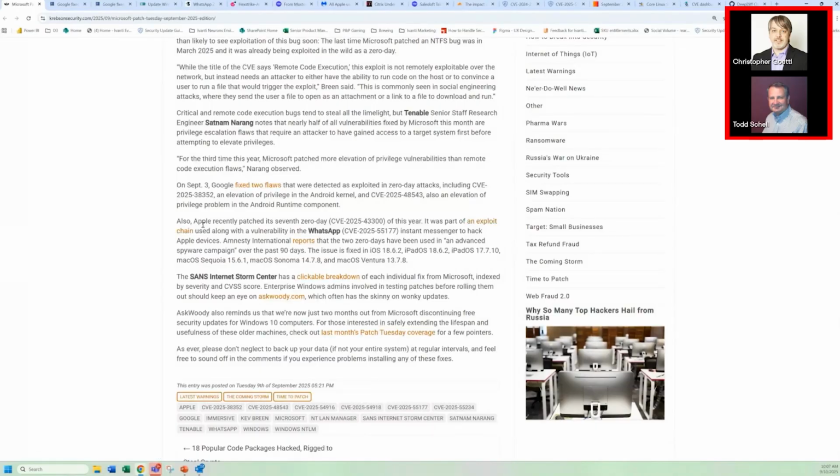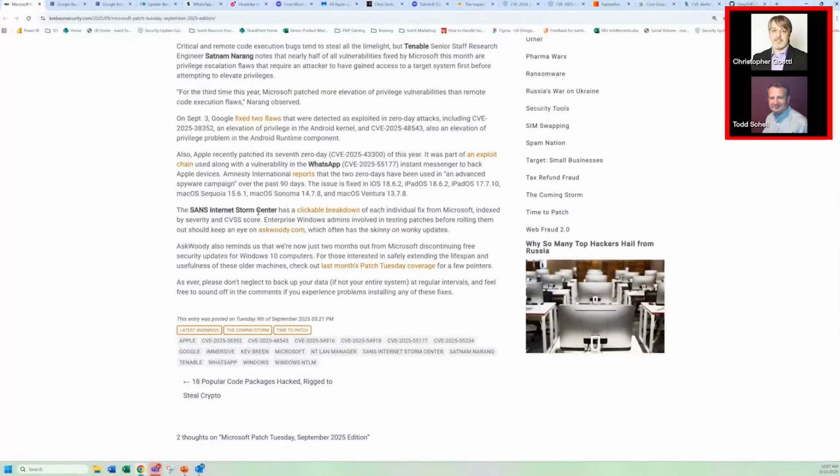This is on the Apple side. So WhatsApp on Apple iOS devices especially was being targeted in specific attacks, but you could see that this was fixed in iOS, iPadOS, macOS.